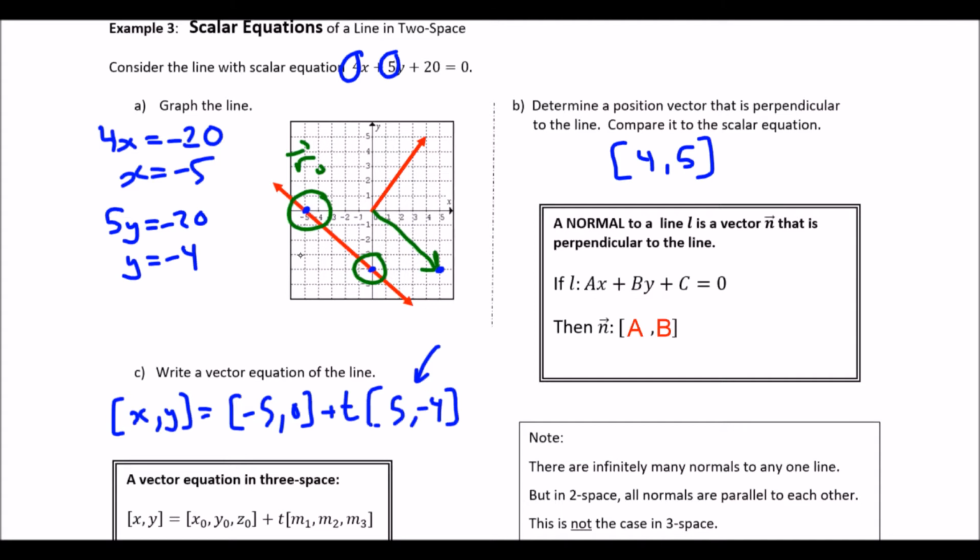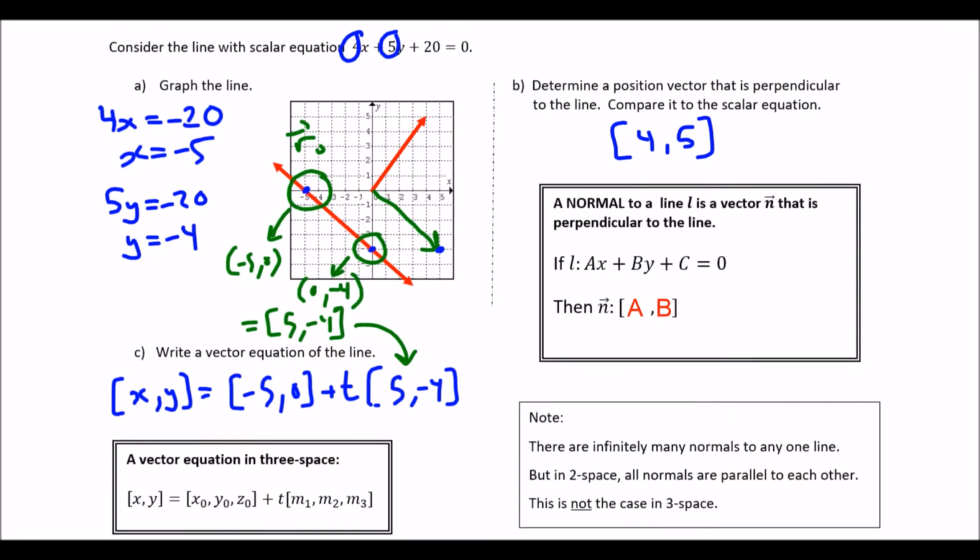This is the point (negative 5, 0), this is the point (0, negative 4), and if I found the direction vector between those 2 points, this would be 0 minus negative 5, that is 5, and negative 4 minus 0, that is negative 4. So I could have done it that way as well, or I can draw it like that. Either way is fine. We're not always going to have the luxury of having this graph here, so it's probably best to do it like this, and that again will give us that direction vector, or vector m.